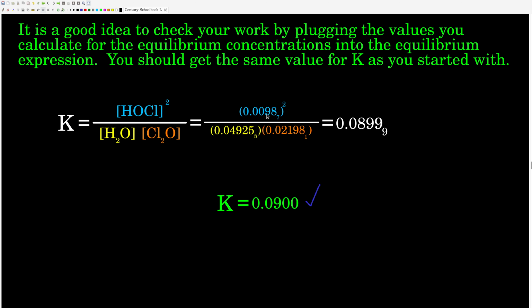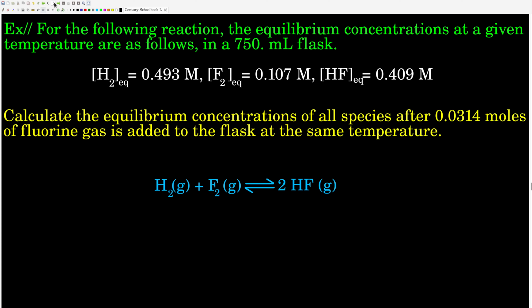So when we plug in these values that we got for all the species present, we get 0.08999, which rounds to 0.0900, which is the same. So now we can be even more confident in our answer. It takes less than a minute probably, and once you get the hang of this stuff, it's a really good check. So I really recommend you do that.